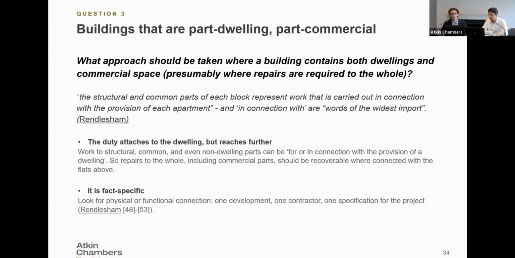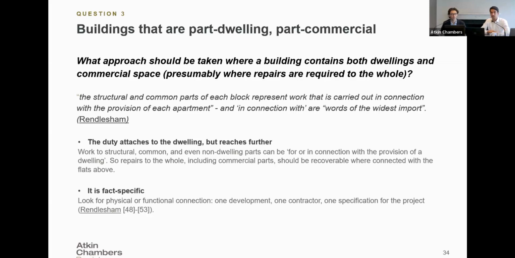And finally, before we open up to broader questions, which feel free to put them in the chat, is buildings that are part dwelling, part commercial, and what approach should be taken to those. We've covered the essential response to this already. What's important here is that wording provided in connection with a dwelling.